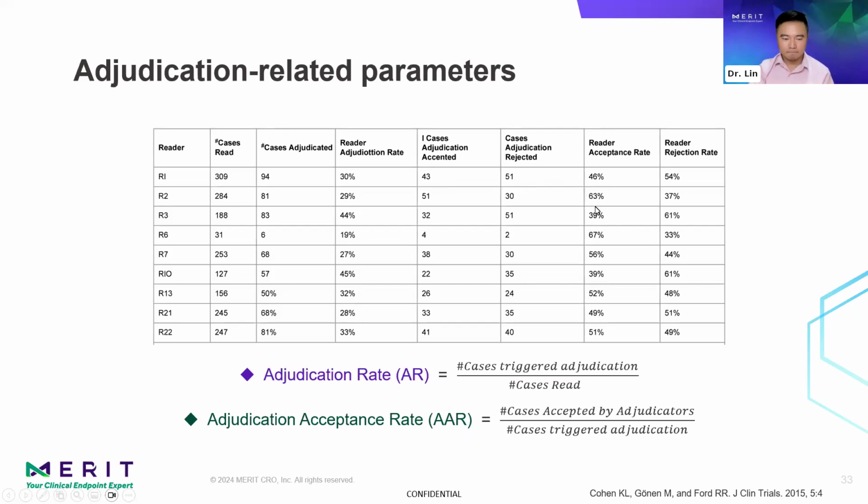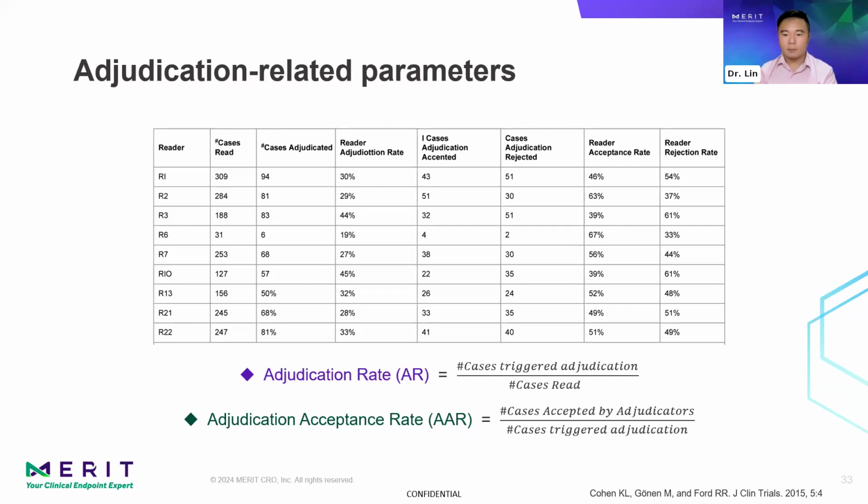Often we will say a high adjudication rate is not scary. What is scary is a reader who is frequently disagreed with by the adjudicator. This is because the adjudication rate is influenced by many factors, including tumor type, the criteria, or even the number of time points.